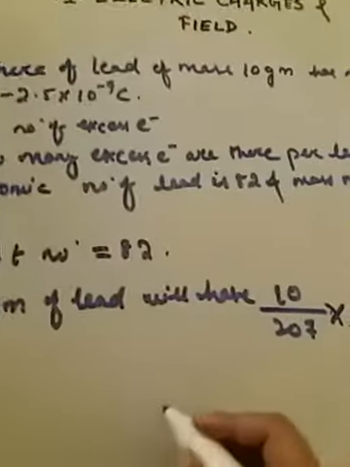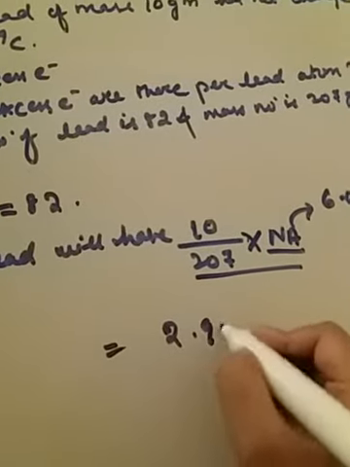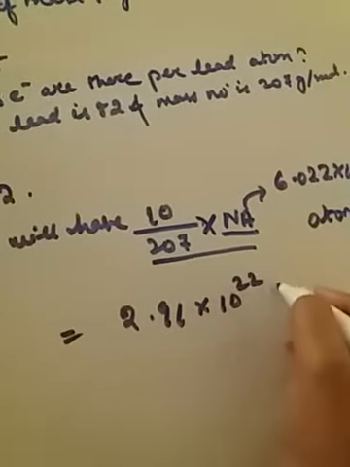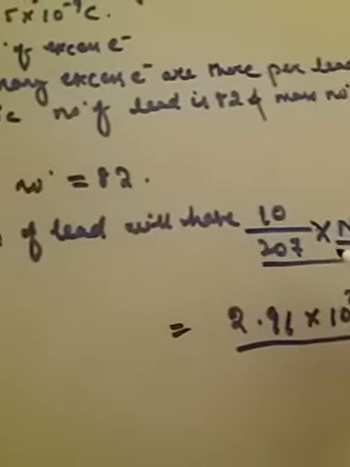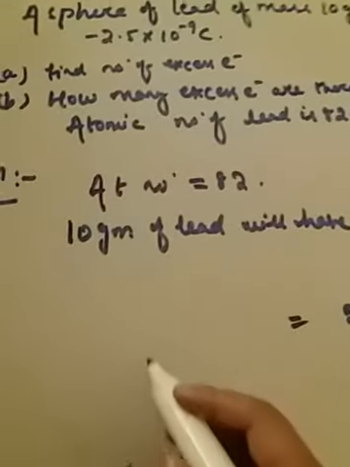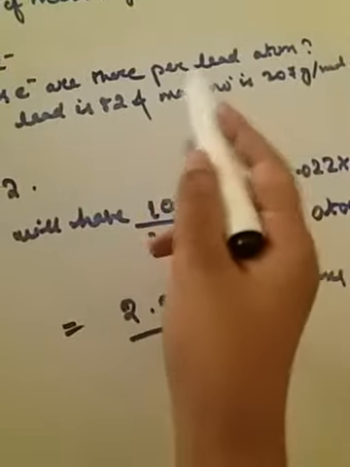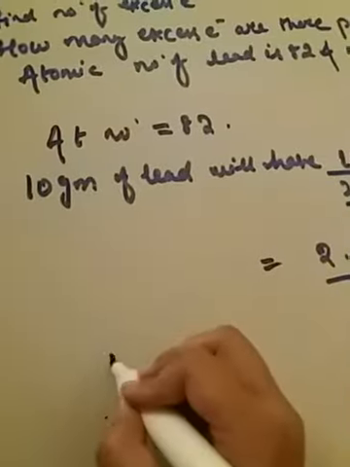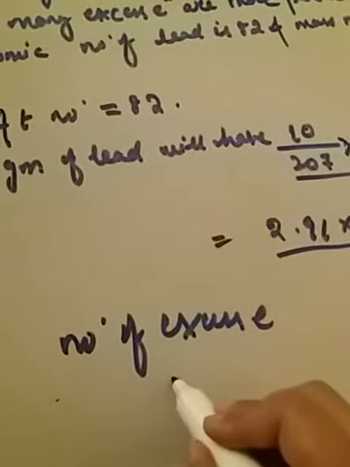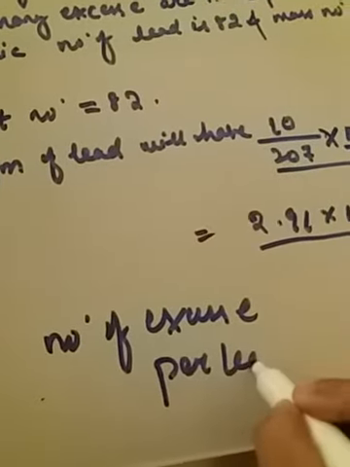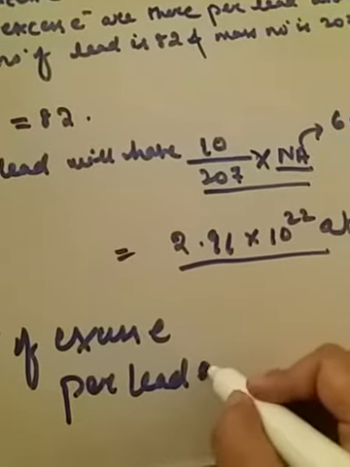Atoms per mole. By solving this, you will get around 2.91 into 10 to the power 22 atoms. So our question is the number of excess electrons per lead atom.